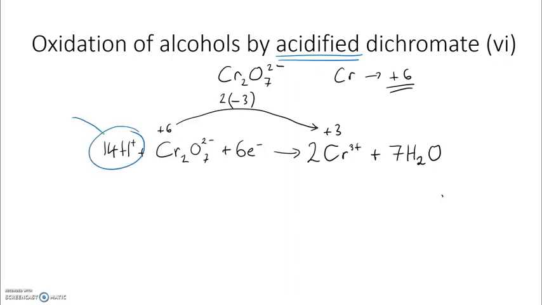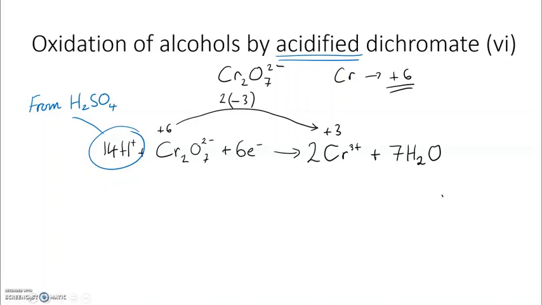This is done by providing H+ from H2SO4. So you have to have a mixture for your reaction: some provision of your dichromate ions, and a provision of H+ from H2SO4 as well.